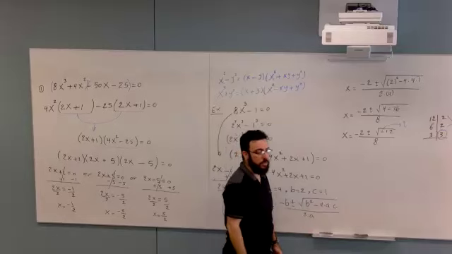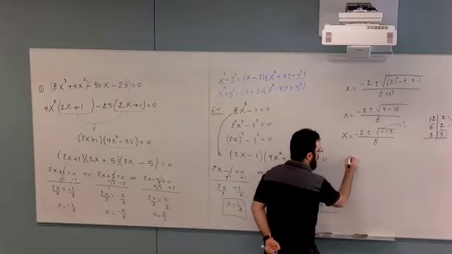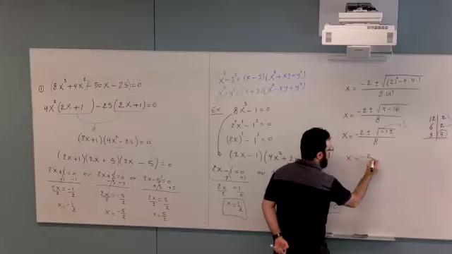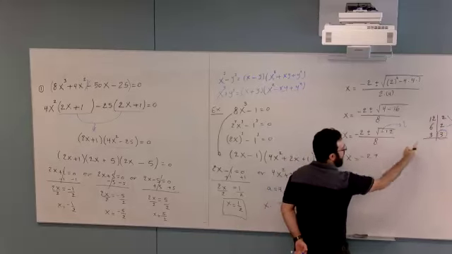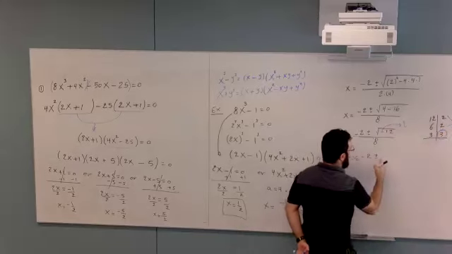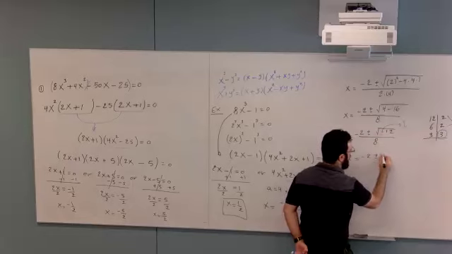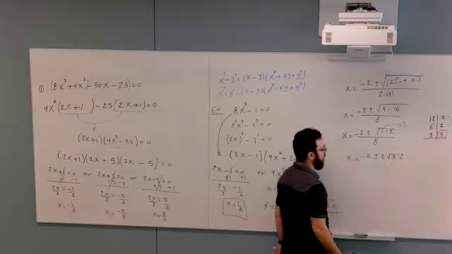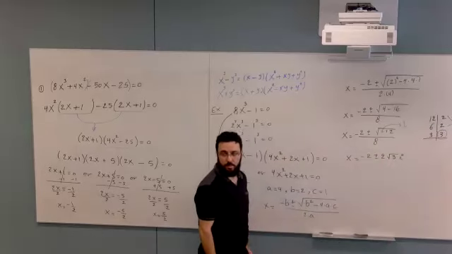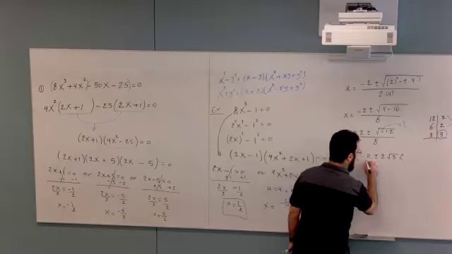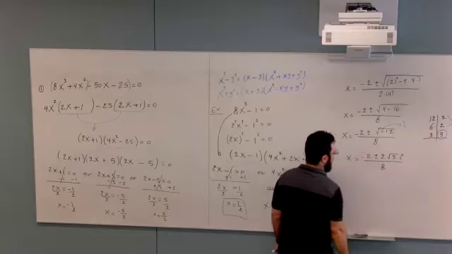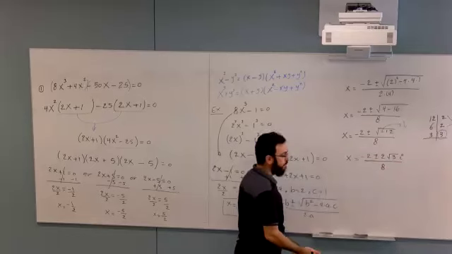This is the root. So now I'm going to go back, x equal negative 2 plus or minus 2. Don't forget the i. So 2 square root of 3, and here is the i. Okay, over 8. Can we simplify it more?